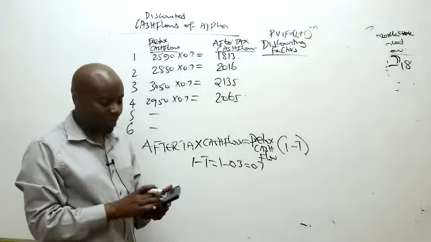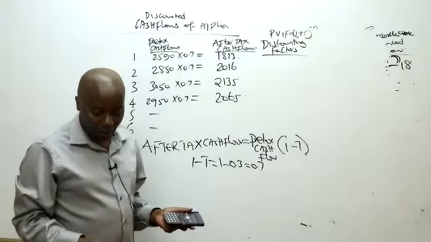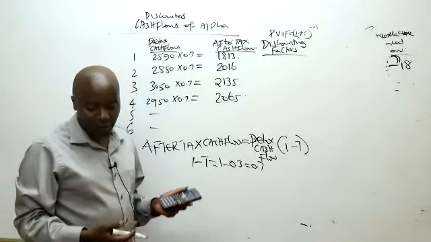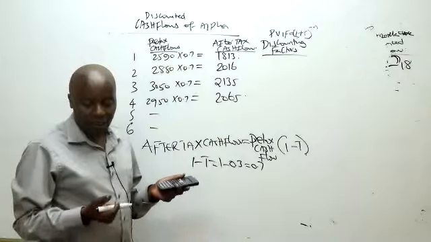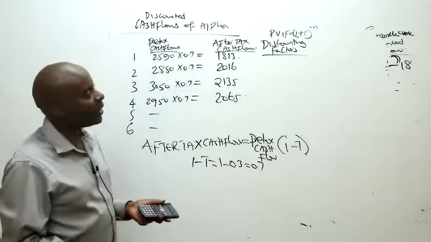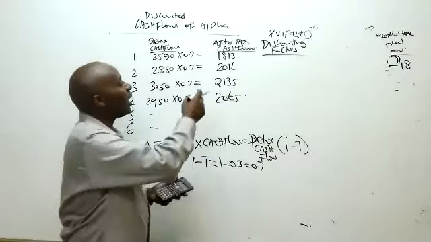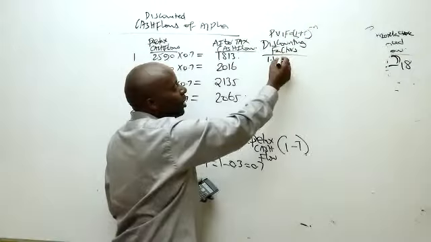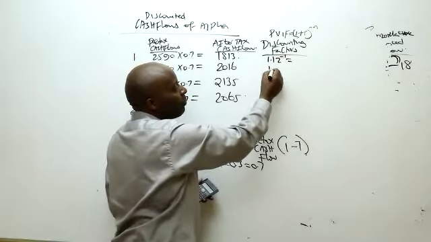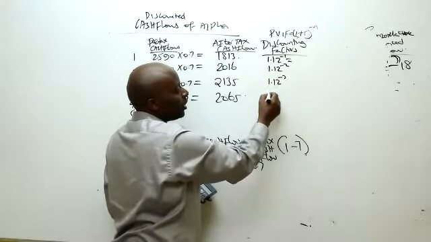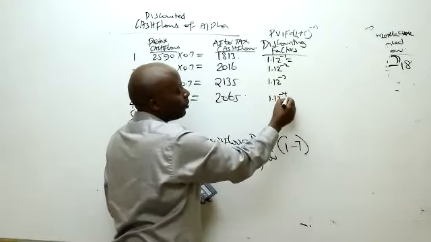So 1 plus R. Have they given us the cost of capital? Yes. Note number 5. They have told us that the cost of capital of the company is 12%. So we have 1 plus 12%, that is 1.12 raised to minus 1, 1.12 raised to minus 2, minus 3, minus 4.